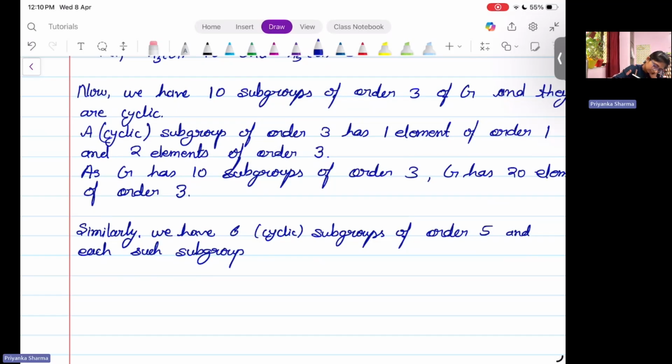And each subgroup of order 5 has one element of order 1, and all the non-identity elements will be of order 5, because it has 4 elements of order 5, and they are all generators of a subgroup of G.